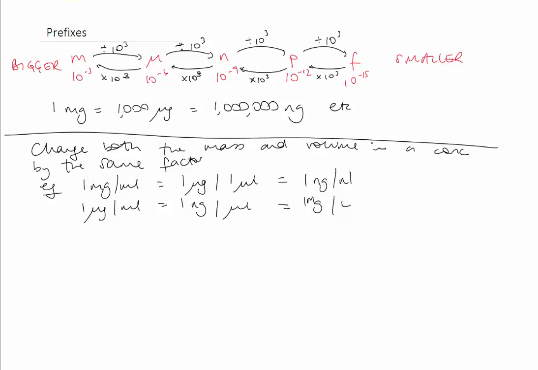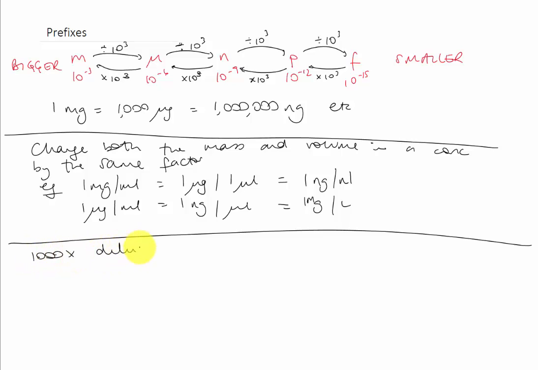And the third thing I want to talk about is if we're doing dilutions, it's easy. So if we've got a 1,000-fold dilution, for instance, let's say we've got 1 millimolar diluted 1,000 times, then that's kind of the same thing as this.